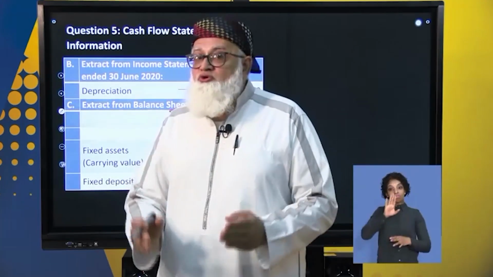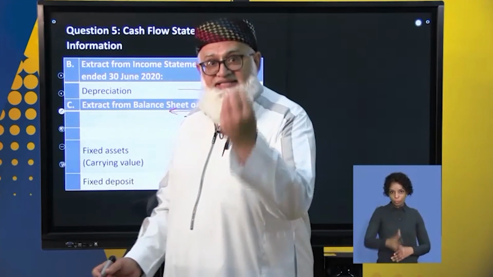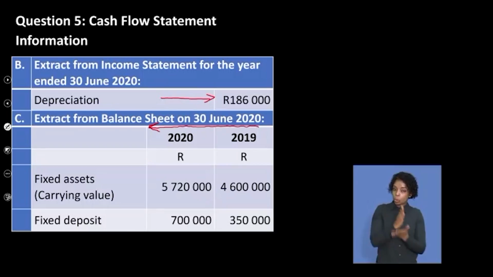So therefore, if the arrow is incorrect in your accounting work, it's going to create havoc in your calculations. Make sure you can identify the beginning of the year and the end of the year. So you know that that's your starting point, the beginning, and that's the end. So that's the direction of your arrow, because it's important to determine what was your opening balance and what was your closing balance.